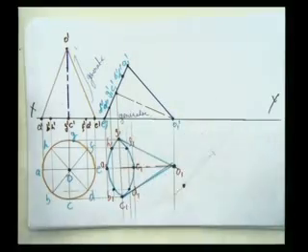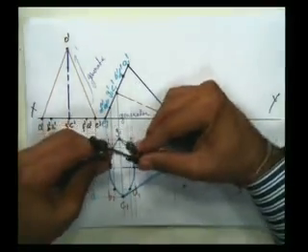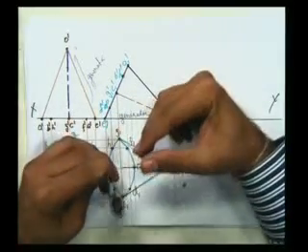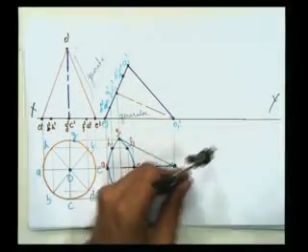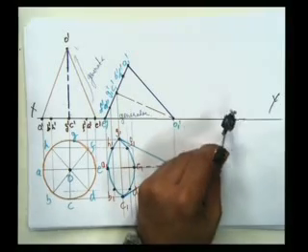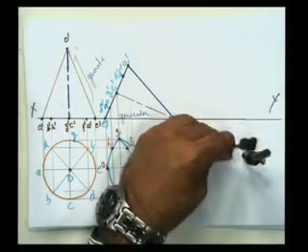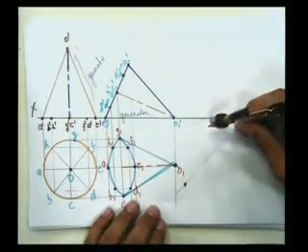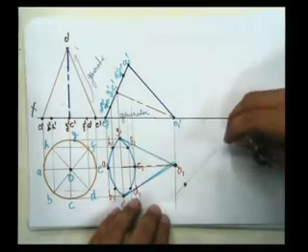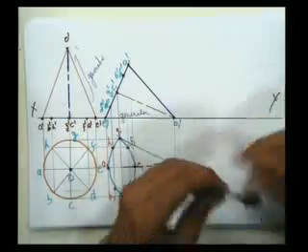Okay, now I have A and C, so I can mark G and C, which will be cut by this, so it goes perfectly.